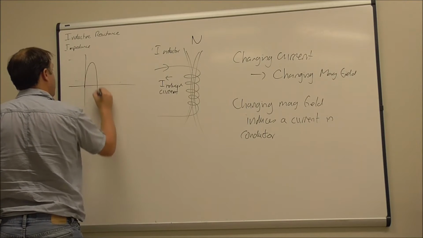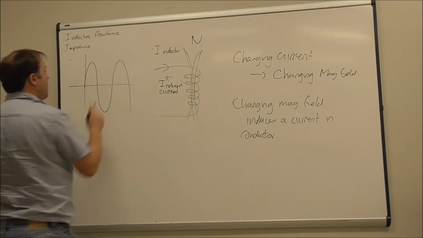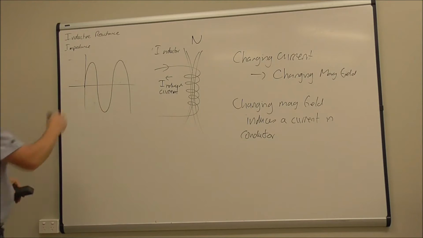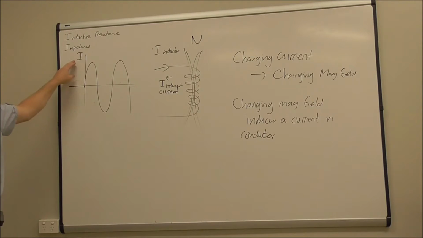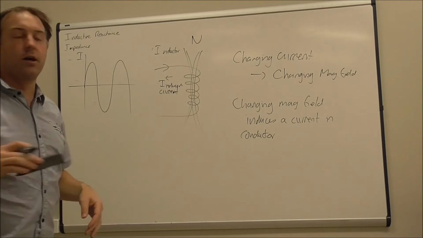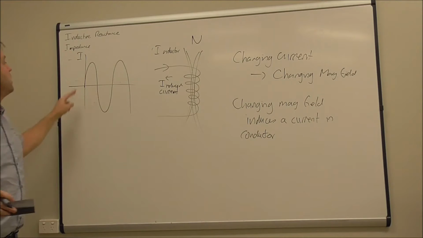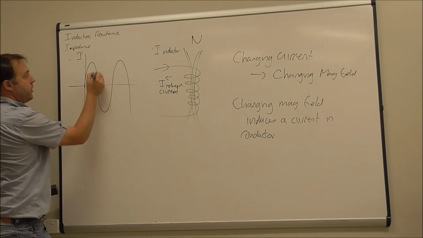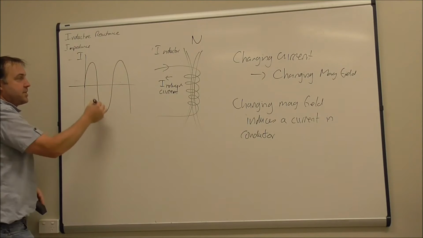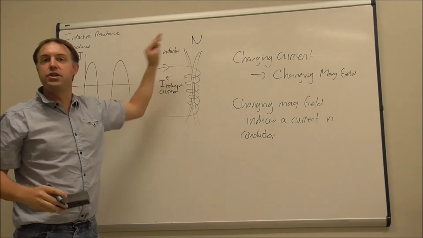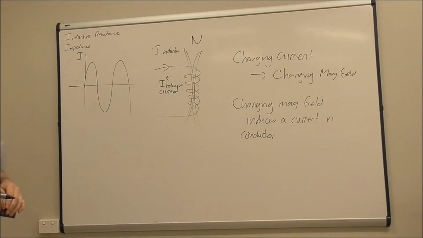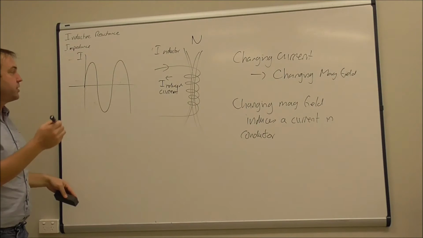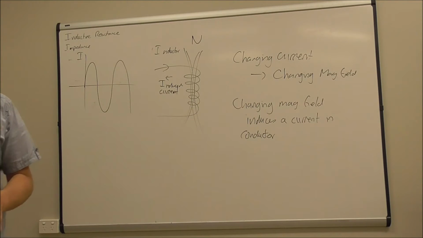So if I had a signal like this as my current, which you can think of, the current and voltage are going to be behaving very similarly, because they're both going through resistive components as well. So the current is going to be a sinusoidal current, and so at the points where it's changing the fastest, the magnetic field here is changing the fastest, and is going to be inducing the bigger current in the opposite direction. So we get a current being induced in the opposite direction.